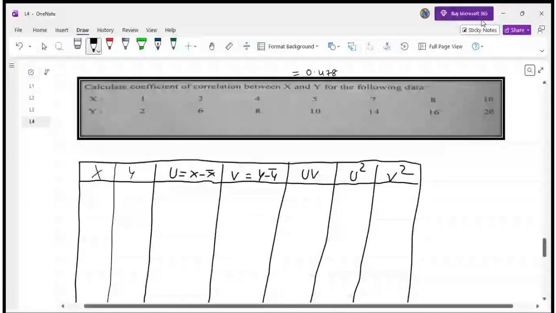Now I will share my Excel screen. Oh, there is some kind of problem always there.